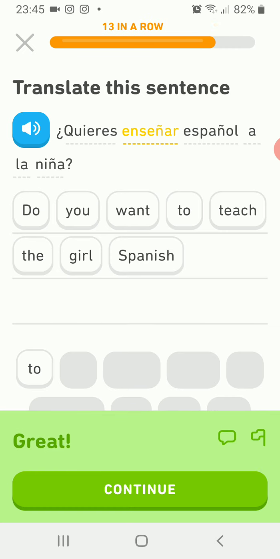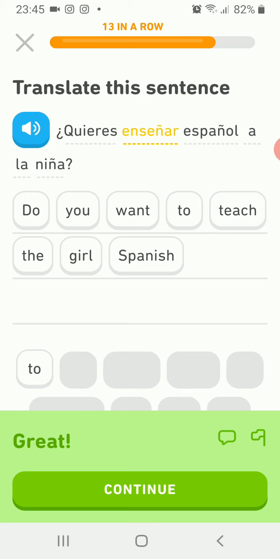So I again try my best not to use "to". Do you want to teach Spanish to the girl? That could be a form of saying it, yes. Do you want to teach the girl Spanish?